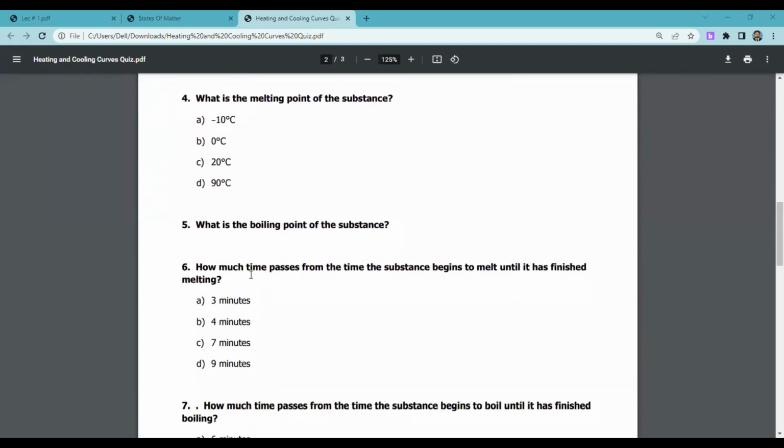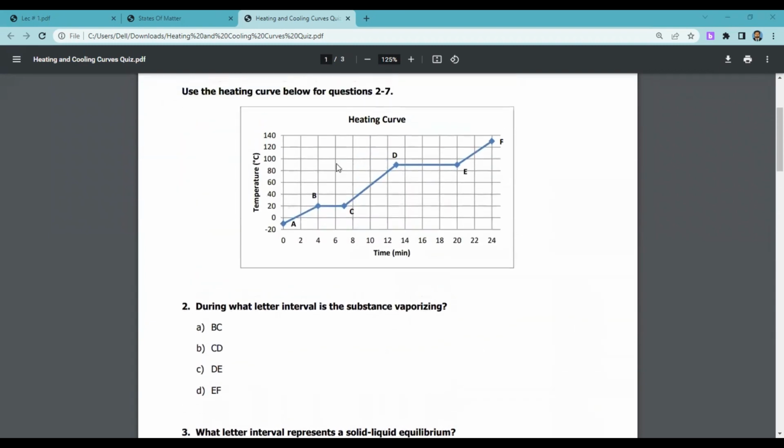What is the boiling point of the substance? This flat curve DE will show the boiling. It is in between 80 and 100. You can see that. So we will see the options and we will answer the question.